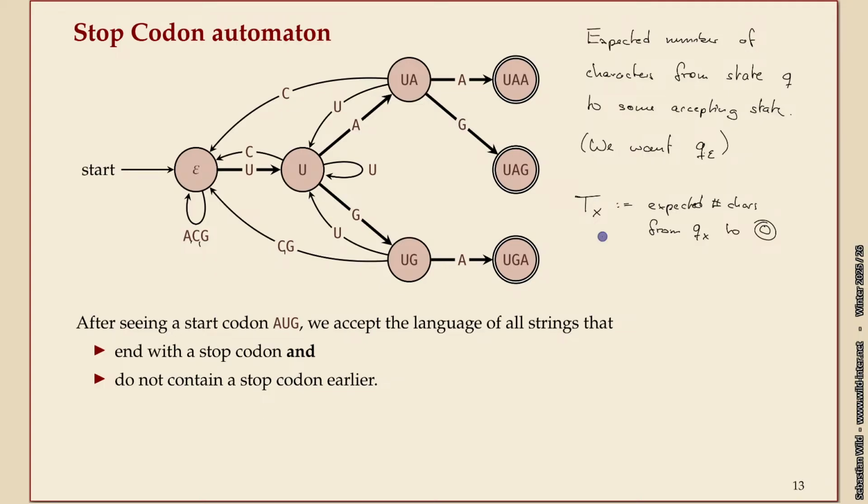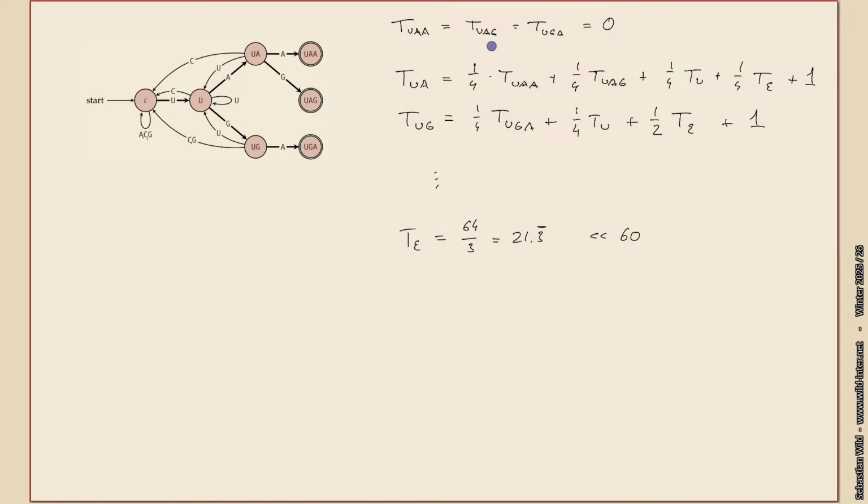It was relatively easy to get the expected time, and what we did is essentially locally write down a variable for the expected number of steps starting at a specific state, and then we could express in a sequence of equations how these relate.